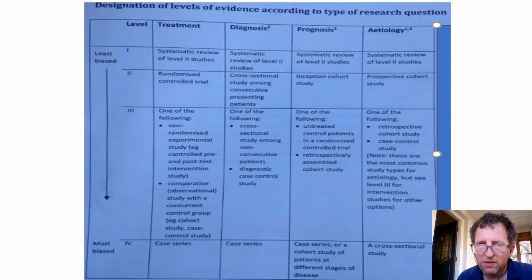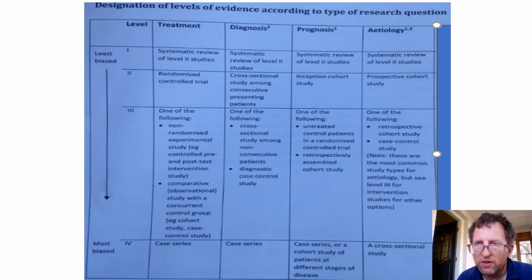The point about the question type is that different study designs will answer different question types better than others. So certain study designs are better suited to answer certain question types.